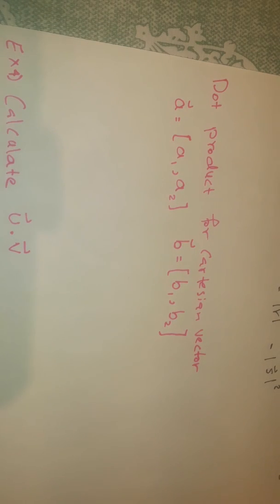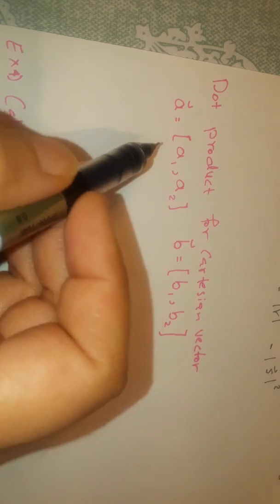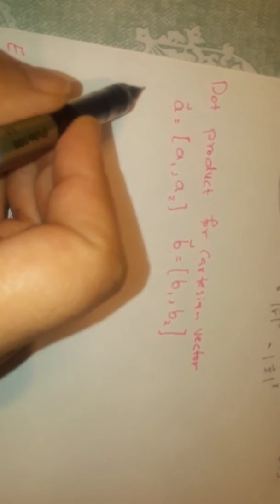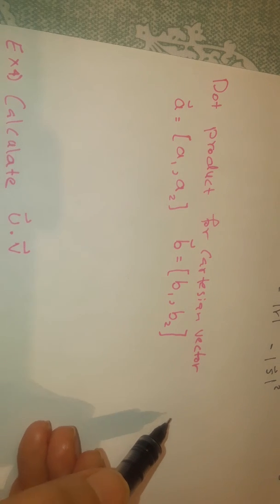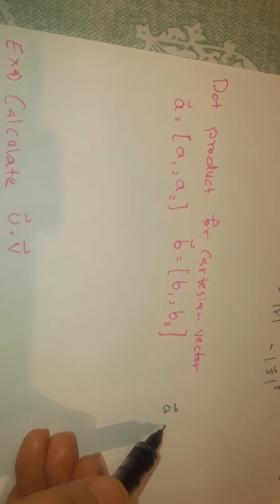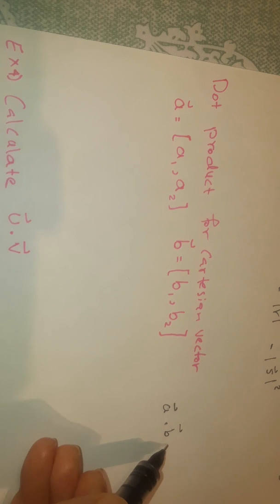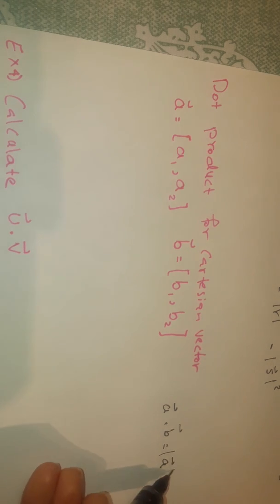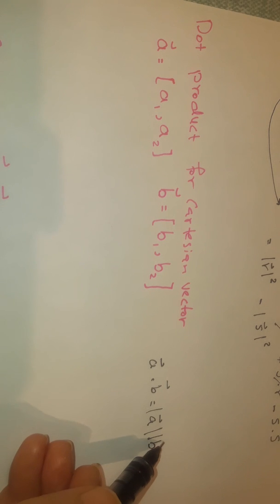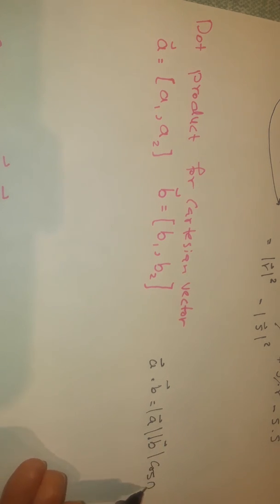So the dot product for Cartesian vectors: there is another way to dot product two vectors. The first way that we talked about is a dotted to b is going to be the magnitude of a multiplied by the magnitude of b, multiplied by the cosine of the angle between them.